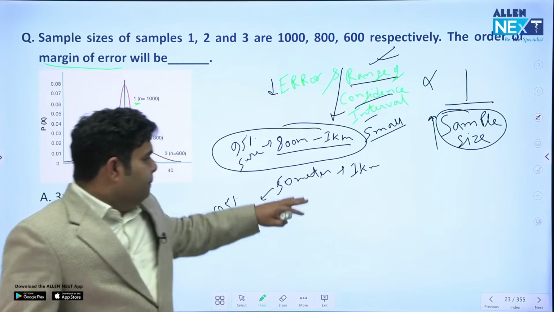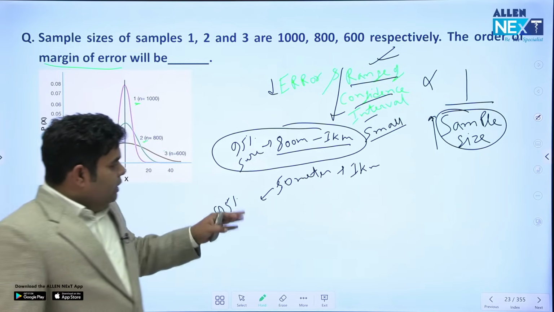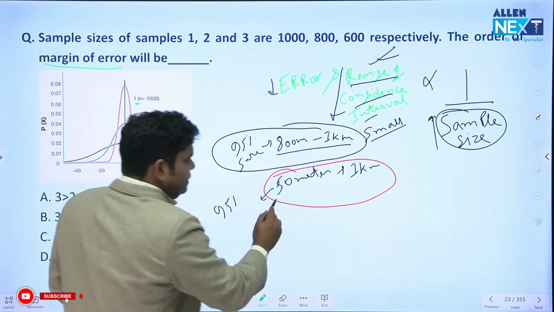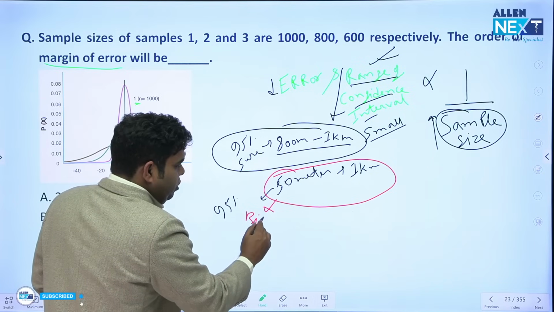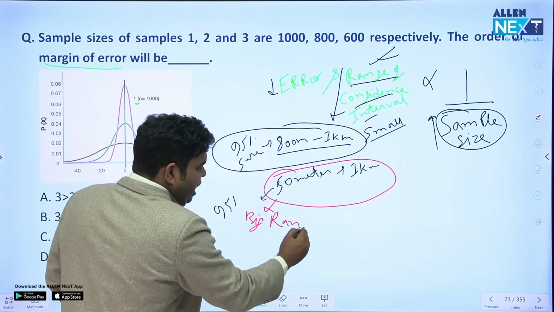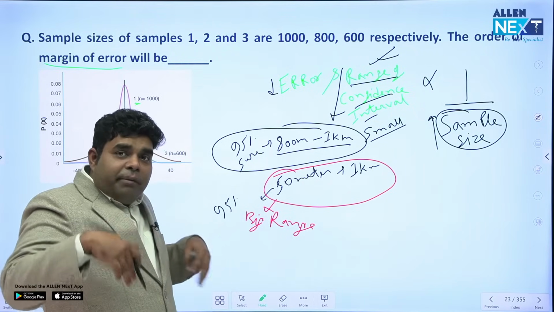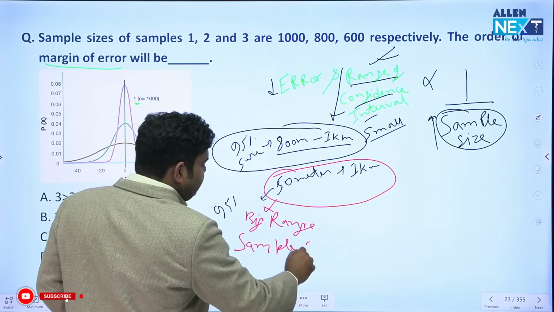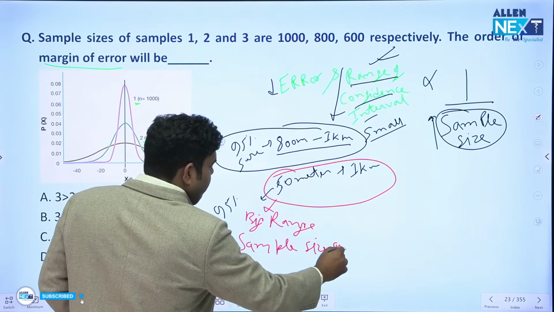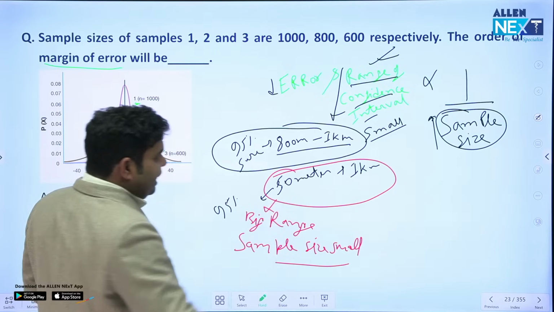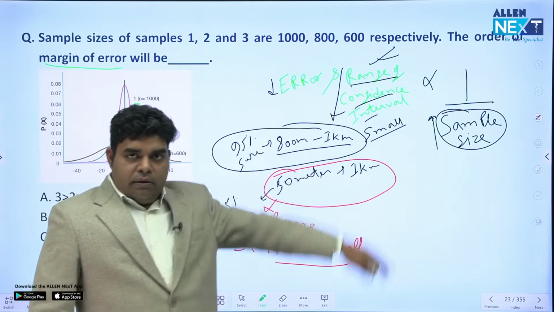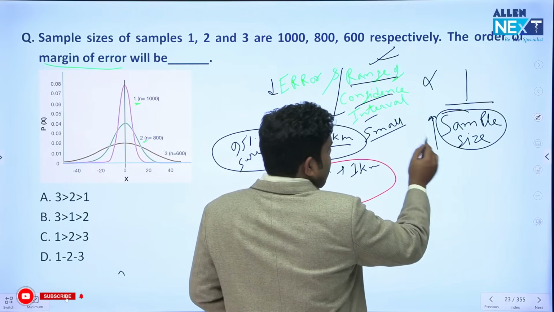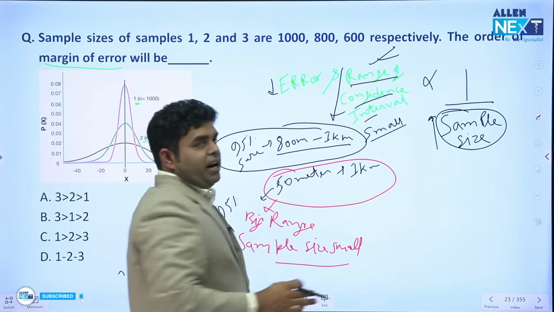And in the second example, when I was running, the range of confidence interval was big. Why big range? Because I have not run earlier. My sample size was small. So if sample size is small, the answer will be big in range. And if the sample size is large, then the confidence interval range will be small.